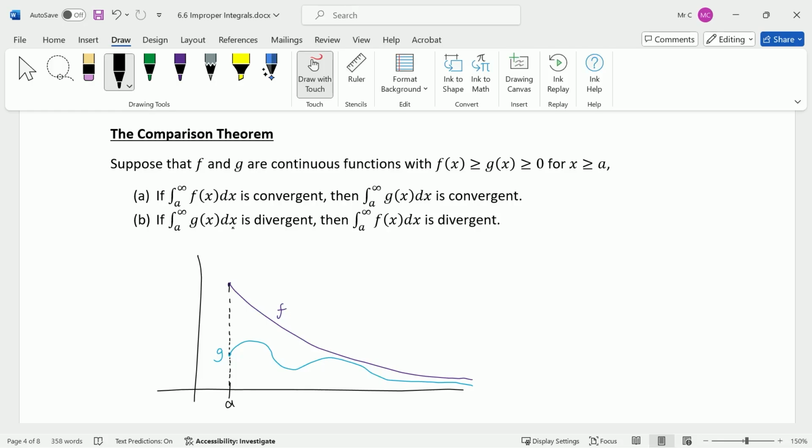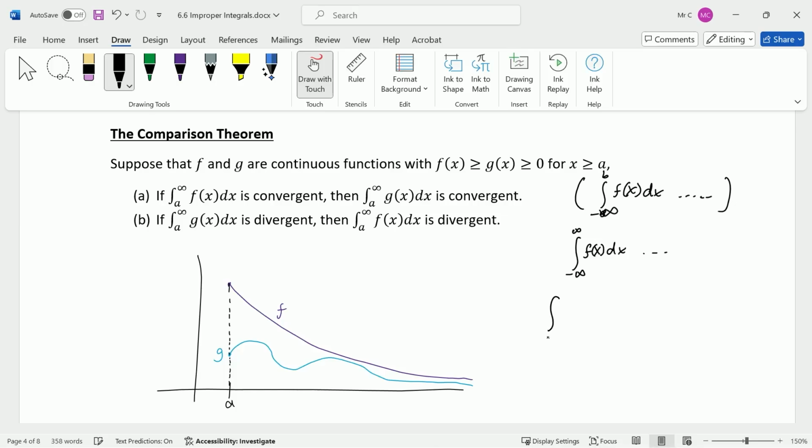Now, I've written this comparison theorem as a to infinity, but of course, the same theorem could be rewritten with, let's say, negative infinity to b for our integral. You would just swap out that expression. I just wasn't going to write the comparison theorem 3-4 different ways. You can do it with negative infinity to b. That's totally fine. You can also use the comparison theorem on negative infinity to infinity integrals.